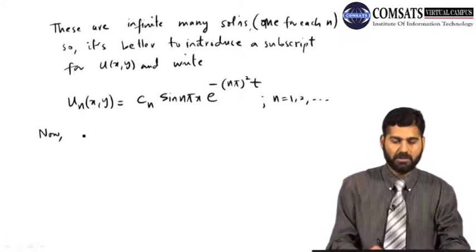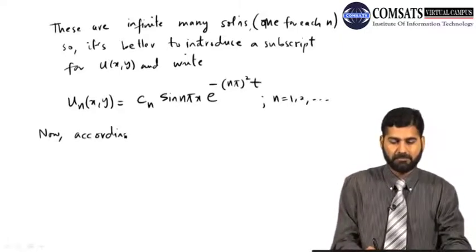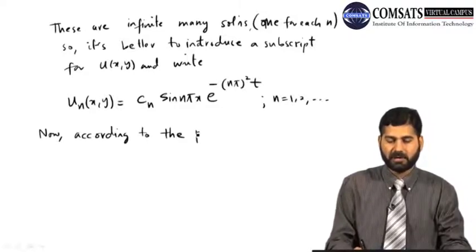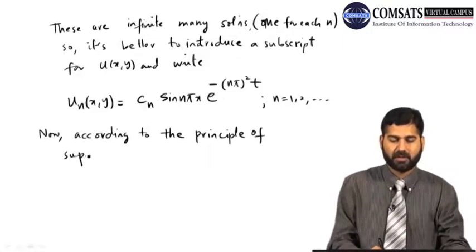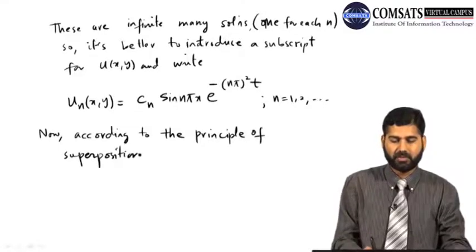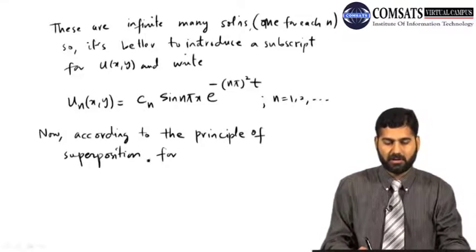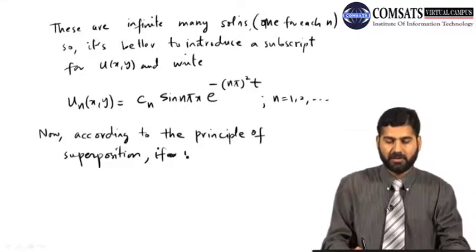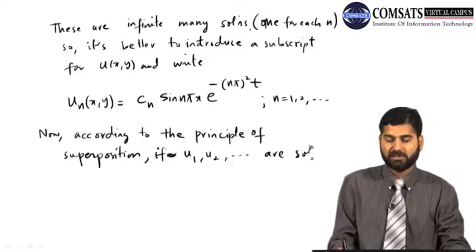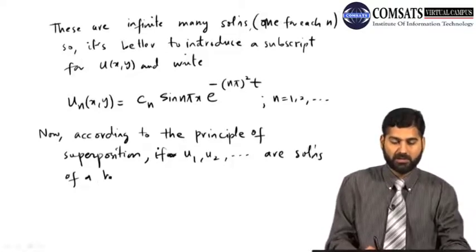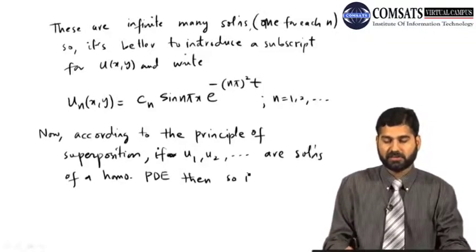Now, according to the principle of superposition, if u1, u2, and so on are solutions of a homogeneous partial differential equation, then so is u1 plus u2 plus so on.